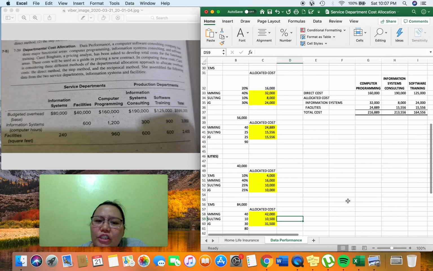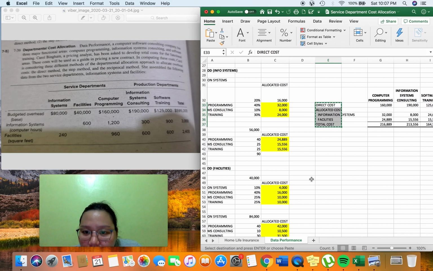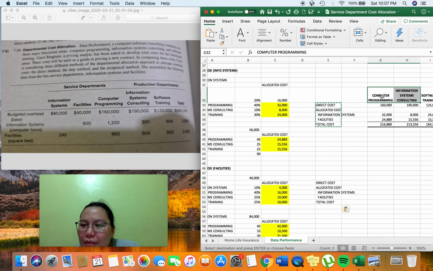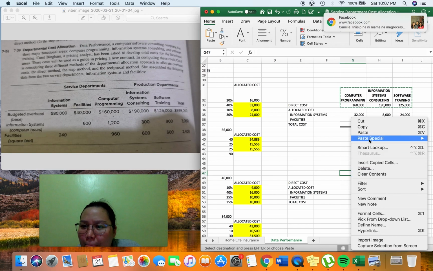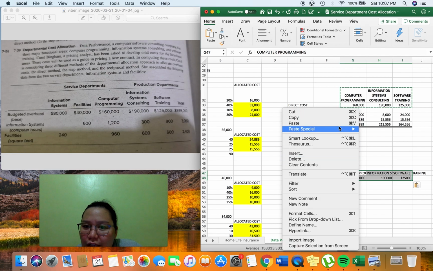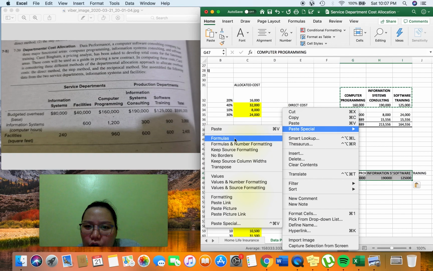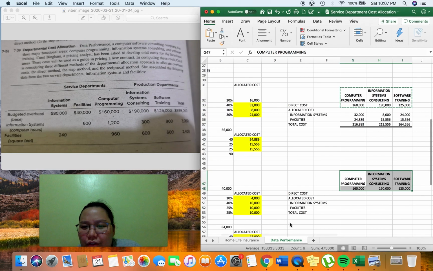So, yan. So, syempre, para kompleto yung computation natin, we will compute for the total cost of the production department. Diba? Para masaya. So, the total cost of the production department, diba? Pay special values. Okay? Pay special ulit tayo. Pay special formats. Okay. Yan.